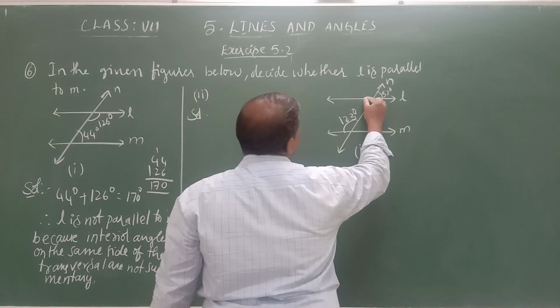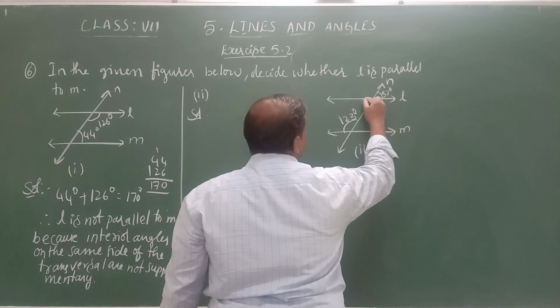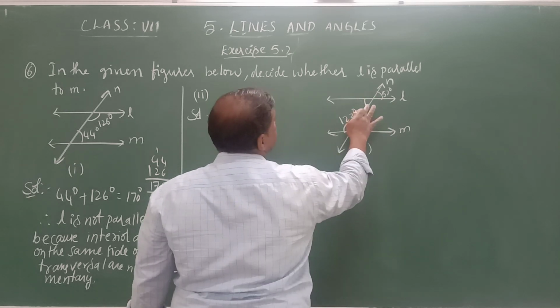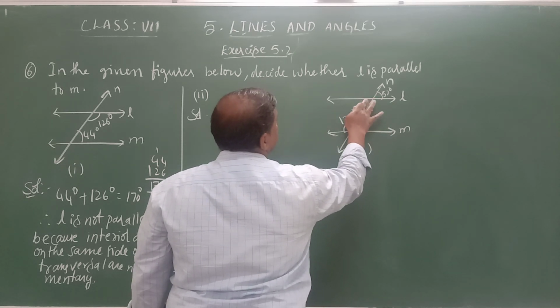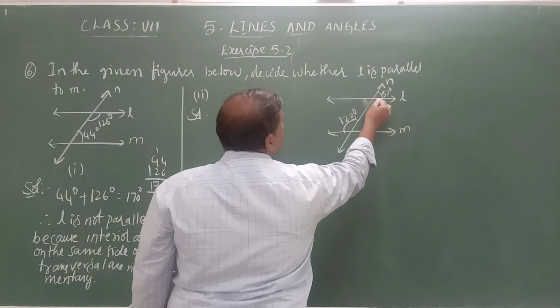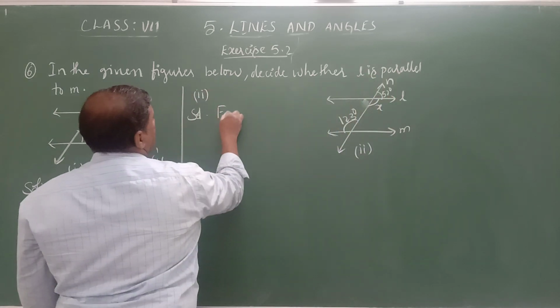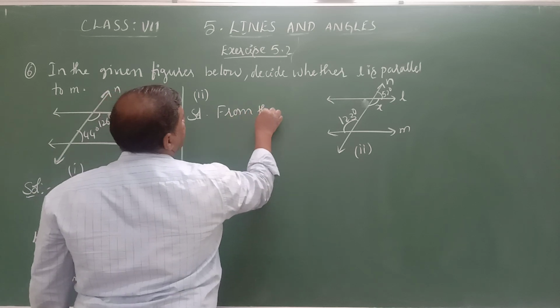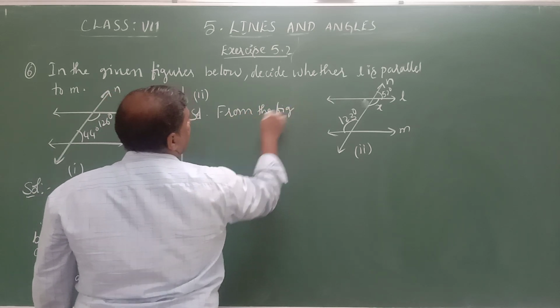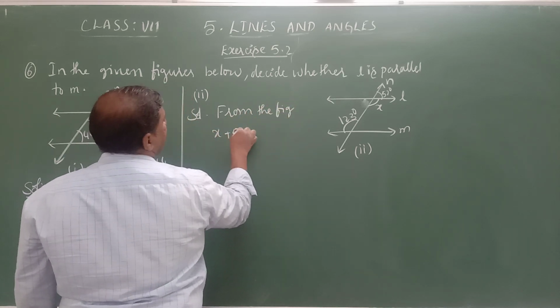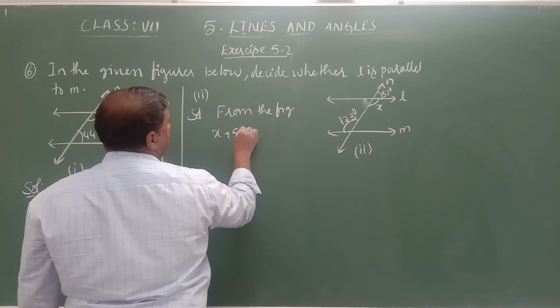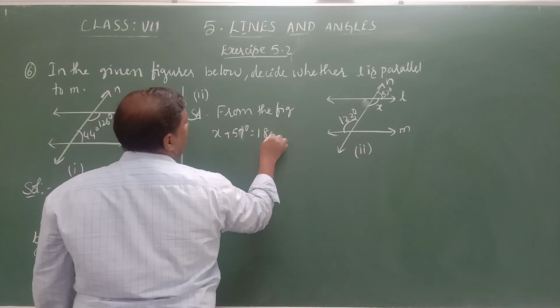Let this angle be X. Here we use interior angles on the same side of the transversal. From the figure, X plus 57 degrees is equal to 180 degrees.